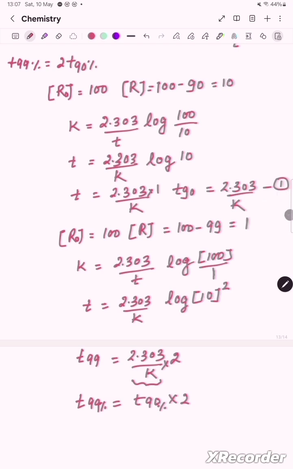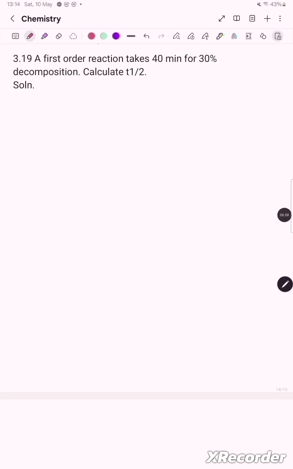Now next question is, a first order reaction takes 40 minutes for 30% decomposition. Calculate T half. So how to calculate this? 40 minutes for 30% decomposition. Time is given.